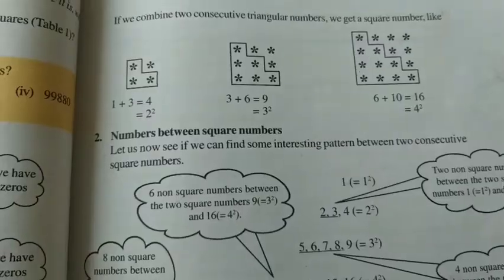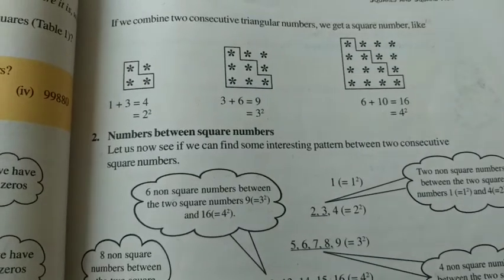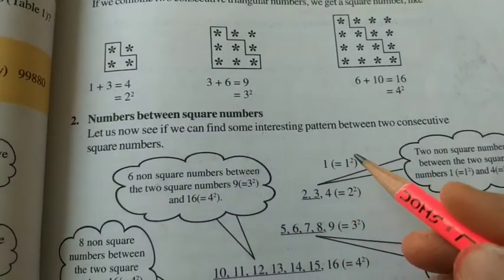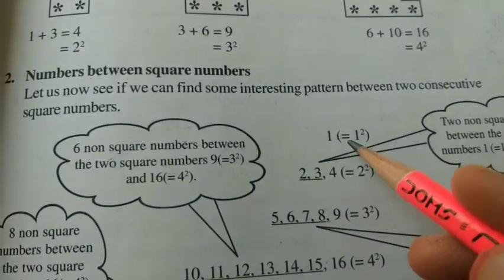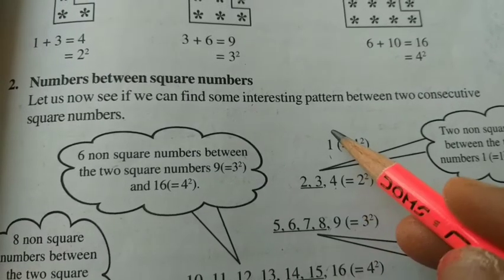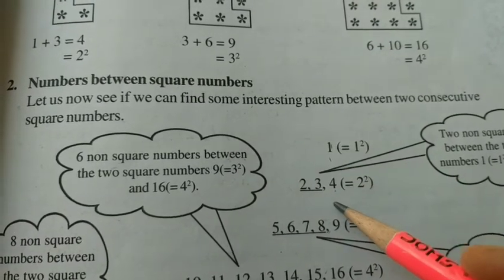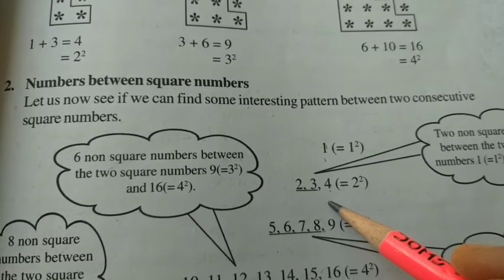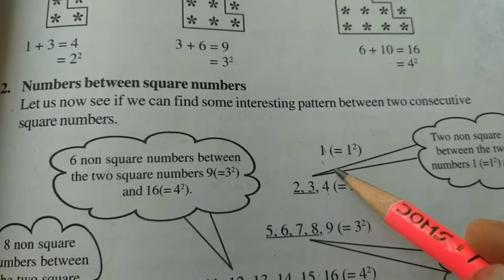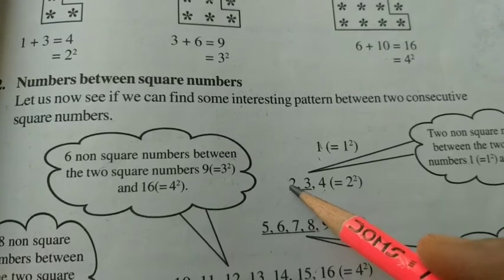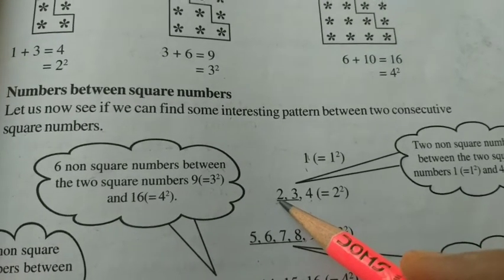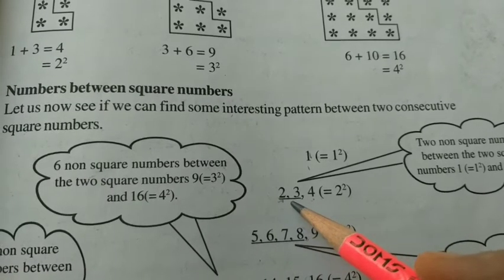Let's see. Observe here, they have given examples, numbers between square numbers. 1 square is 1. 2 square is 4. In between perfect squares we are finding now. 1 and 4 are perfect squares. In between these two numbers, how many numbers exist? These are non-perfect squares. Whether 2 is a square? No. Whether 3 is a perfect square?